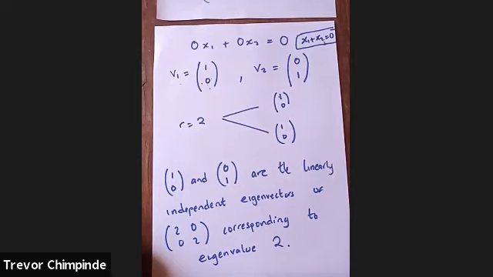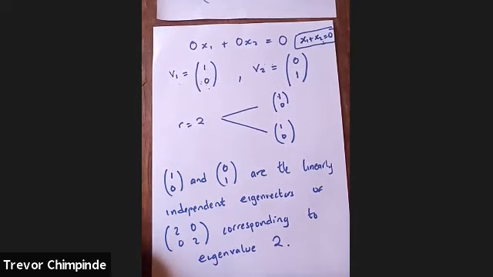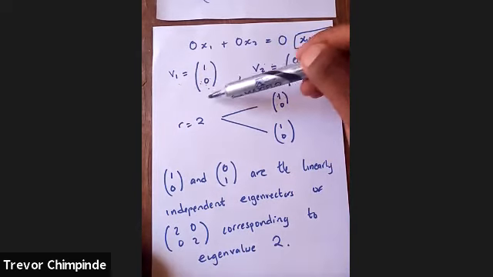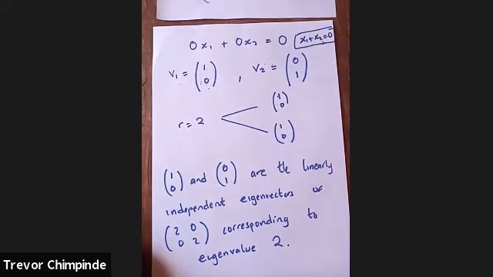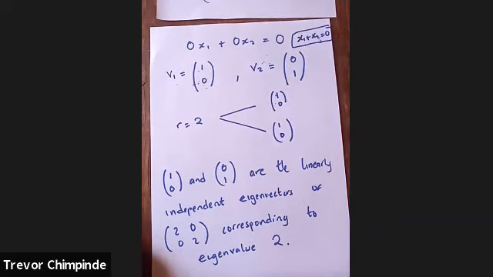It's not possible. So these two are linearly independent, and they are proper choices. They're not the only choices. You can come up with any two vectors. The only restriction is that they're supposed to be linearly independent. Is that okay? Yes, it's okay.